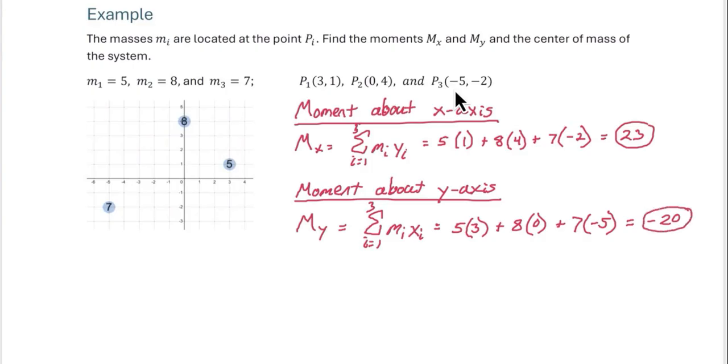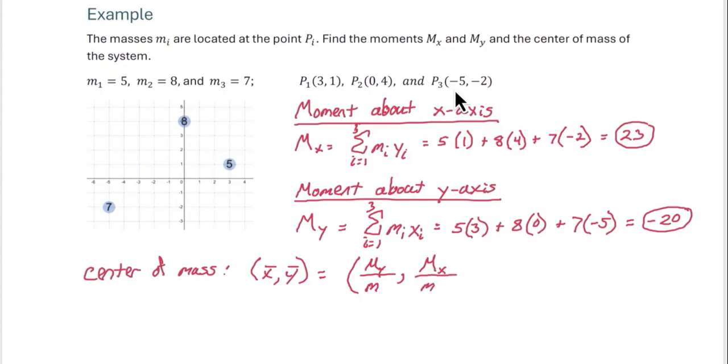Next, we'll calculate the center of mass, x bar, y bar. To calculate x bar, we take m sub y, the moment about the y-axis, and divide it by the total mass. And y bar is m sub x divided by the sum of the masses.